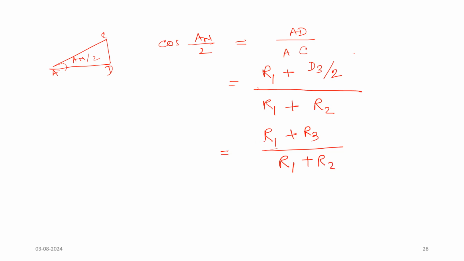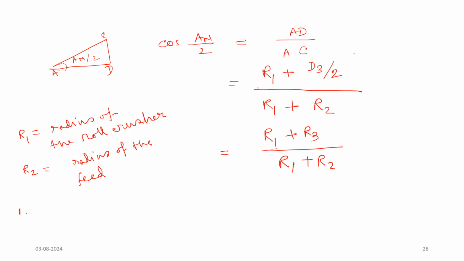So you have to remember that R1 is the radius of the roll crusher. R2 is the radius of the feed.